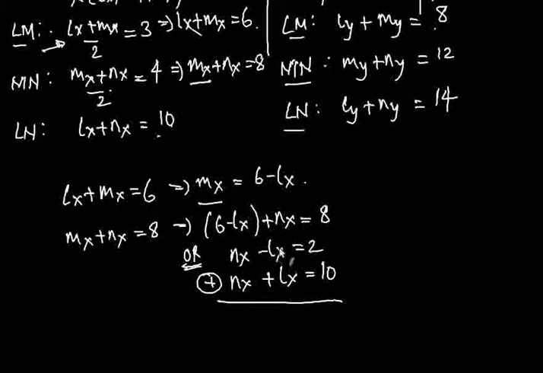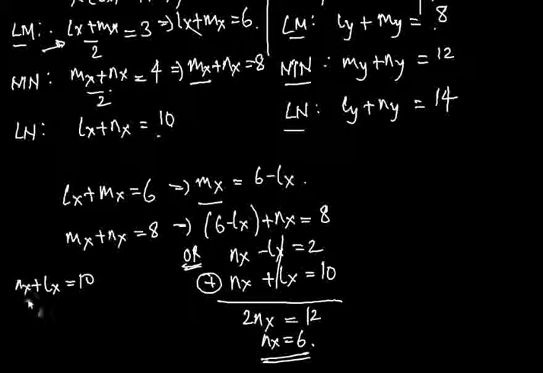Well, the minus lx and plus lx cancel, and what I get is 2nx is equal to 12, which implies that nx is equal to 6, right? So we've got our first x coordinate, but using this we can find out what lx is. So we have nx plus lx is equal to 10, but nx is 6, so 6 plus lx is equal to 10, which implies lx is equal to 4, right?